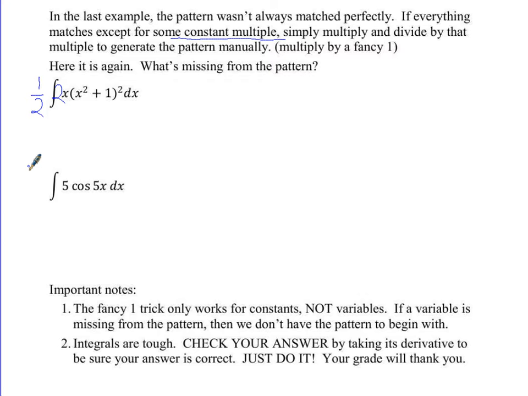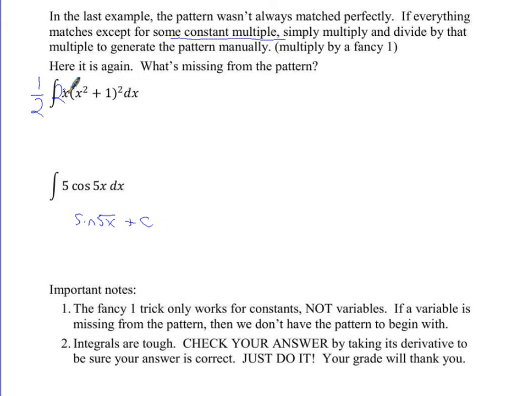Yeah? Okay. So if I pull the 5 out, then I just have cosine 5x, but that doesn't give me the pattern. I leave the 5 in, and I have the pattern that I want. Sine 5x. The derivative of that means I need sine u, which gives me cosine u times u prime. U prime is the 5, so that gives me the 5 cosine 5x plus c here.